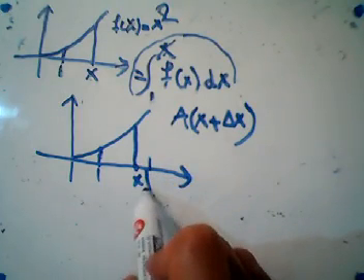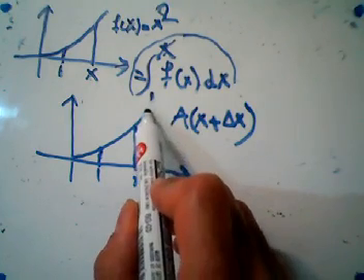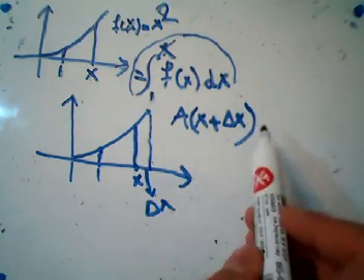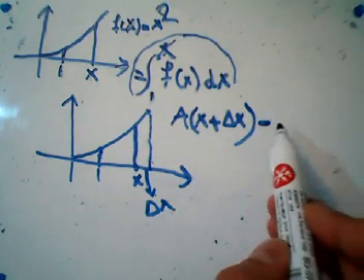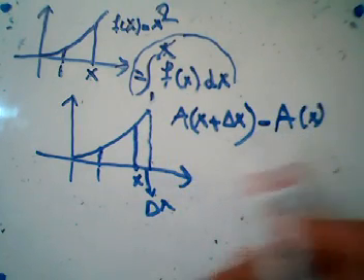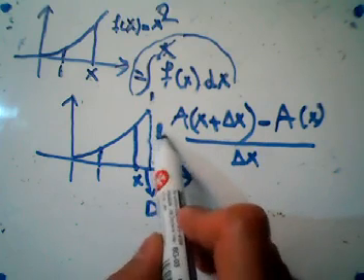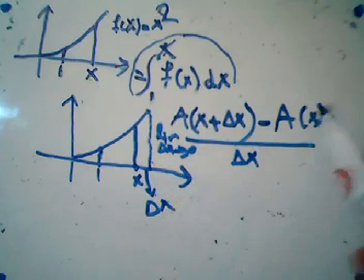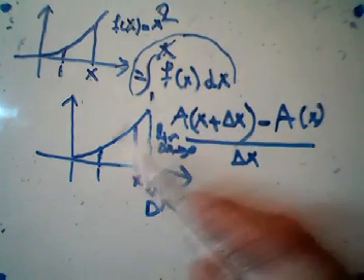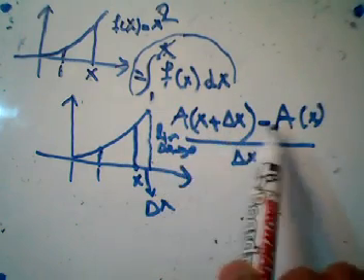Let's call it delta x. A of x plus delta x minus A of x over delta x, and the limit of this as delta x goes to 0 is the derivative of A of x. Now what is this?